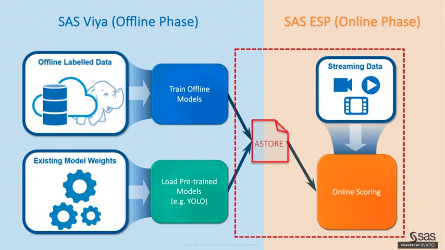You could use pre-trained models from the open source world, for example YOLO, and you would be able to produce an A-store, which is the binary model that I mentioned earlier.